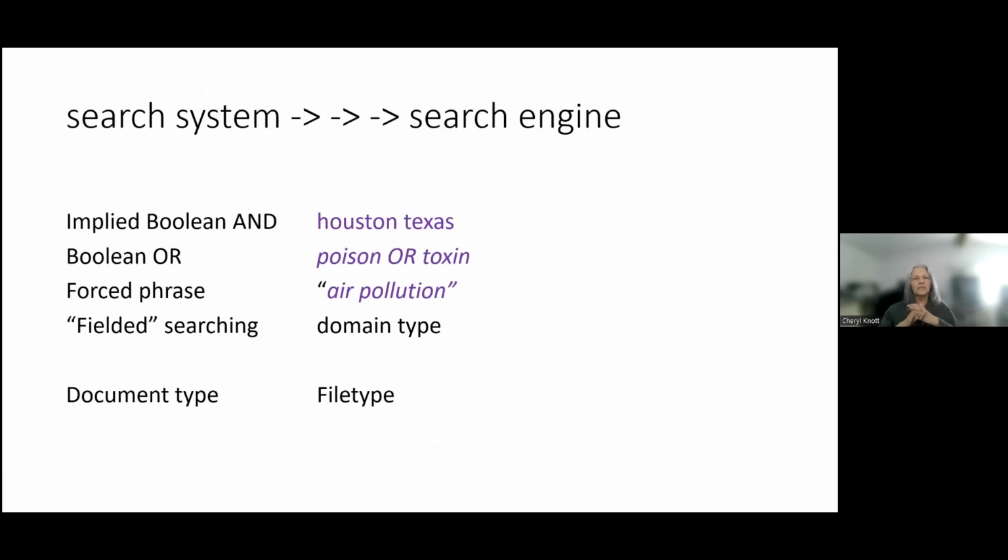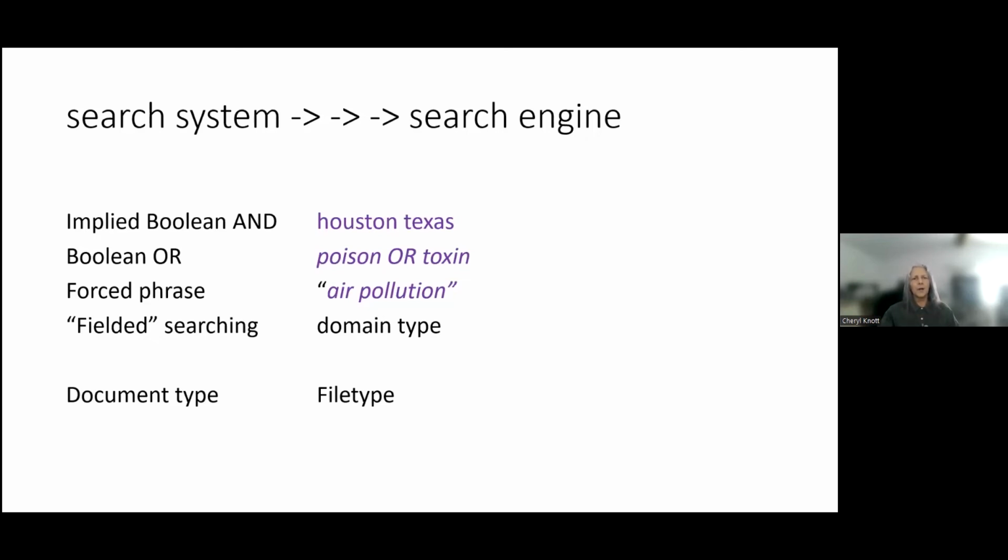So just a little bit here on the search system typical to a commercial database versus a search engine. And just thinking again about that small type of the instructions to the right of the search boxes on the Google Advanced Search screen, you can see the implied Boolean and, which is very common in database search screens. The space between two keywords is typically operating as the Boolean and.